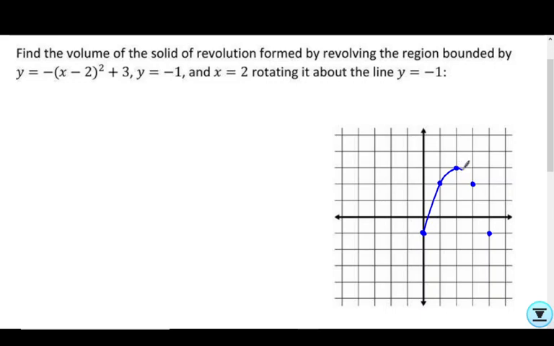So we have this here. There's our parabola. x equals 2 is this line right here, and y equals -1 is right here. Okay?